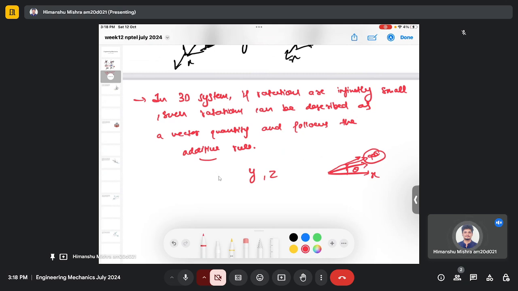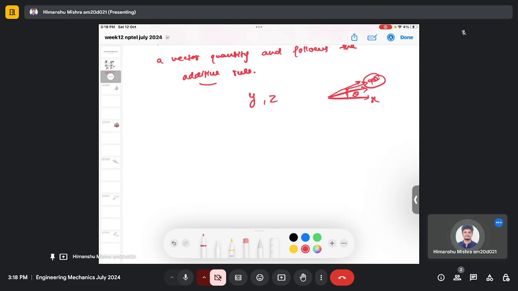So now if I can define d theta as a vector, I can use all other vector formulation and write the equation to analyze the rotation rate. So this actually follows the vector property.